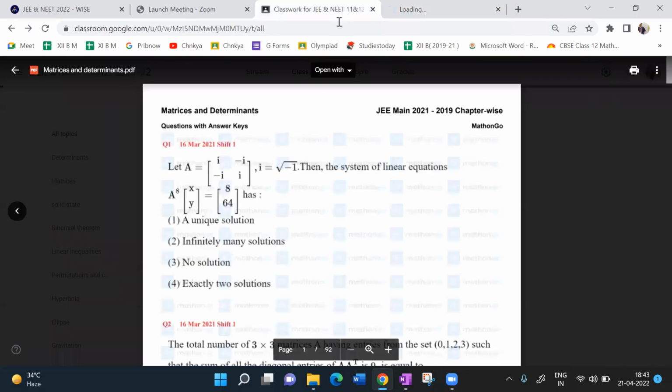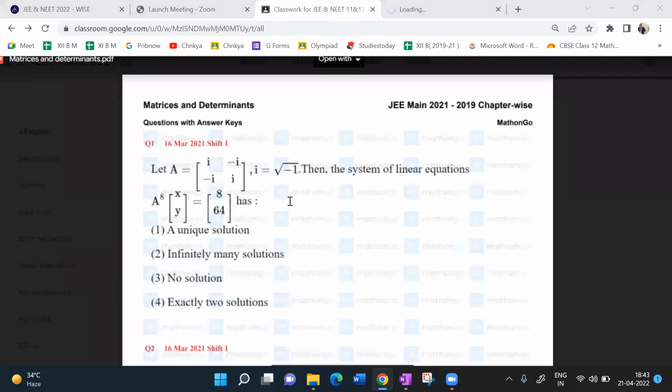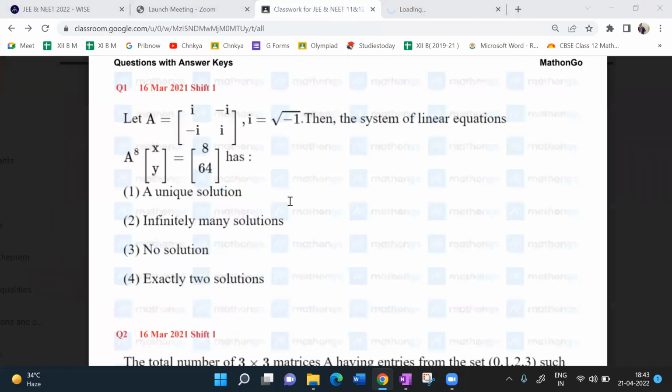Everyone solve this. Matrix A is given to you, and the system of linear equations A to the power of 8 times xy equals 864. What is it?